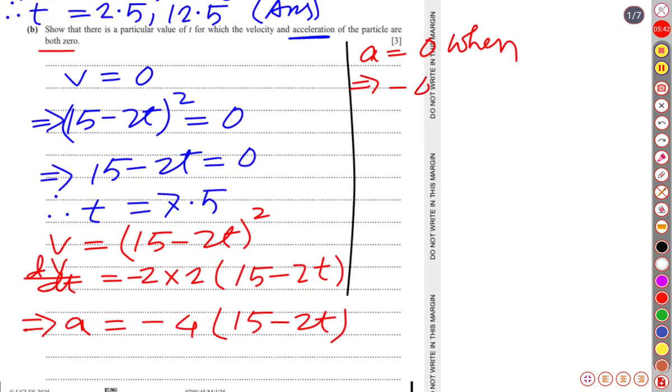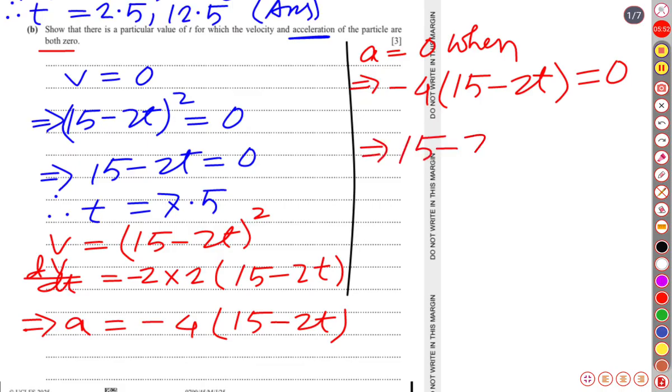Negative 4 into 15 minus 2t is equal to 0. That means 15 minus 2t is equal to 0. Hence, if we make t the subject, it is going to be 7.5.